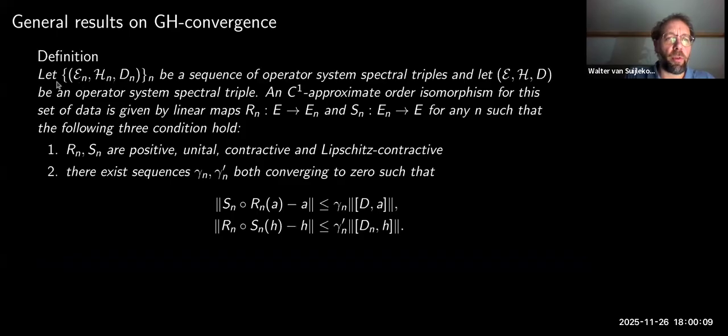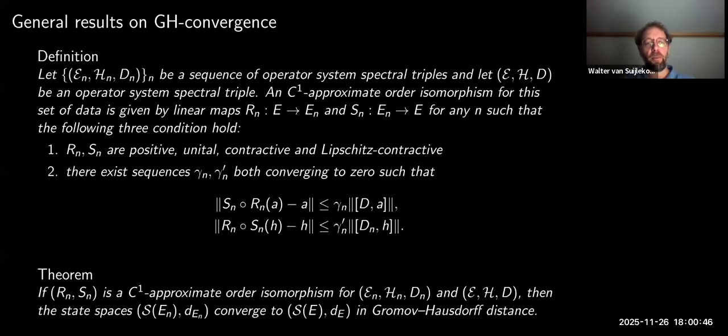That means I have some kind of notion of a spectral triple based on an operator system. Then I have these maps going back and forth between the limiting spectral triple and the E_n, and also the other way around. The main point of these formulas is that they are each other's inverse up to some control parameter, and that's actually with respect to the Lip norm. So I have this sequence of gamma_n and gamma_n prime that makes sure that the R_n maps and the S_n maps are actually each other's inverse.